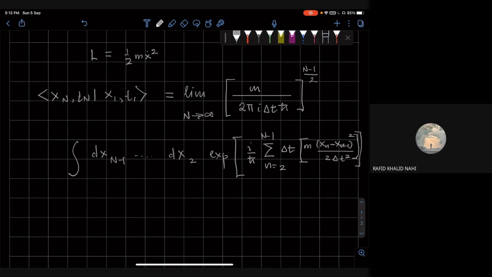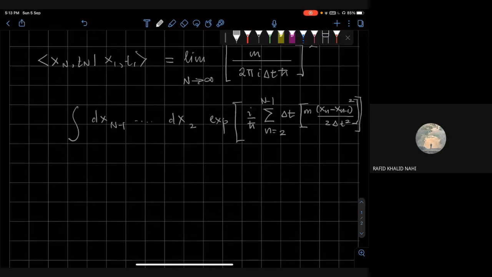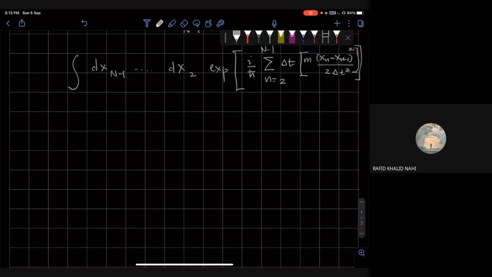Will the sum go up to n, the upper limit? Let's see, how did we do this?